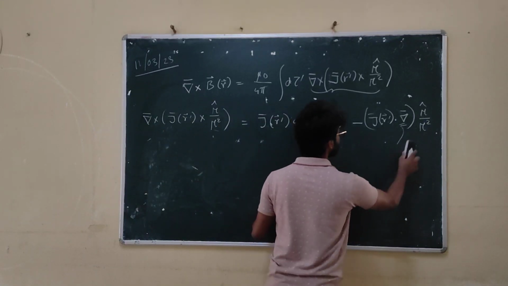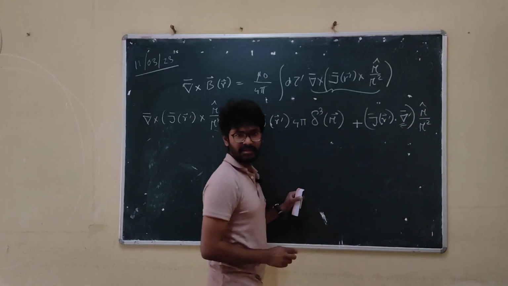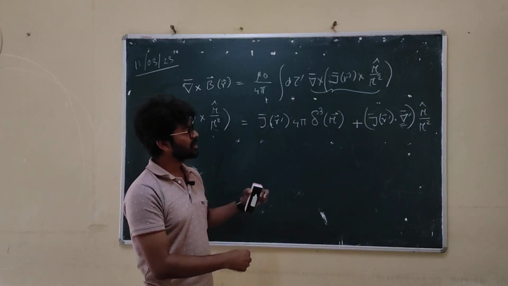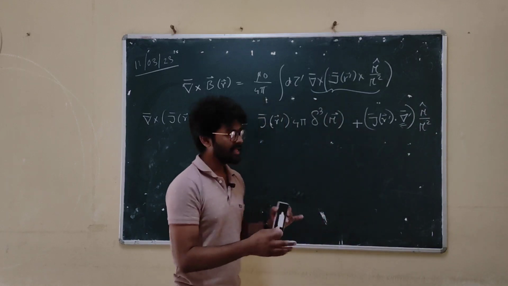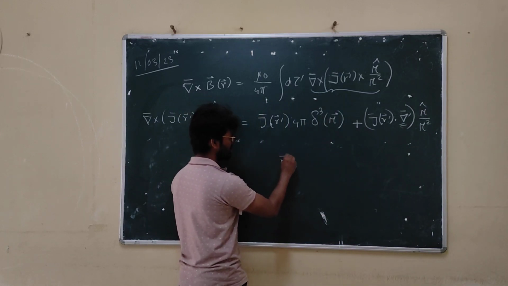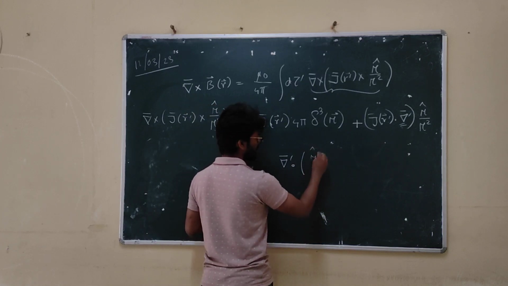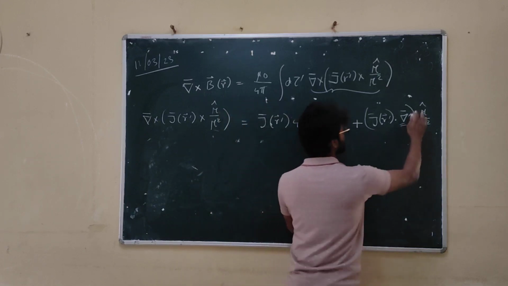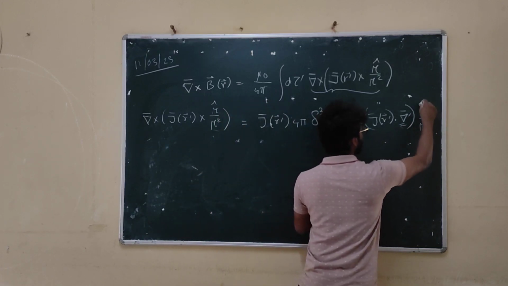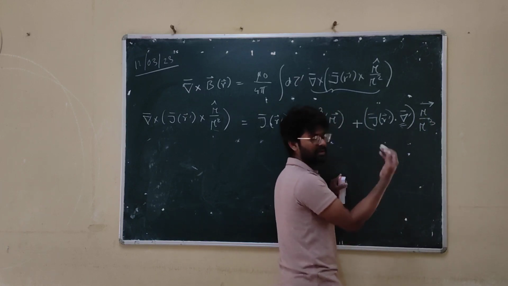So basically, we can write this as, and we did that so that we can write this as del prime dot, let's do piece by piece. So this I can write as R over R cube, right? Unit vector.